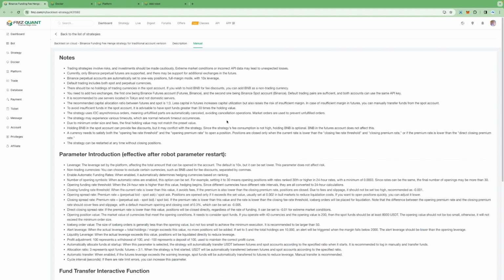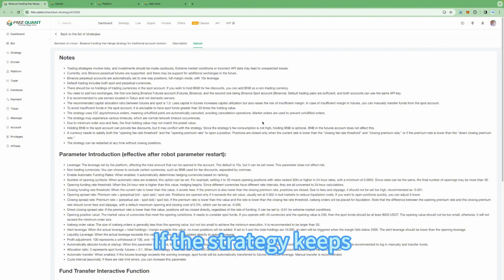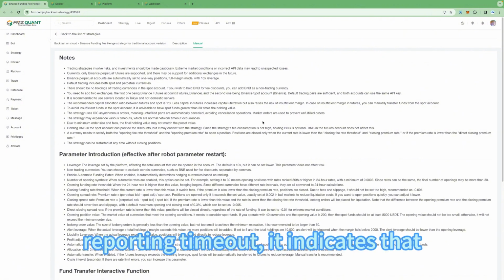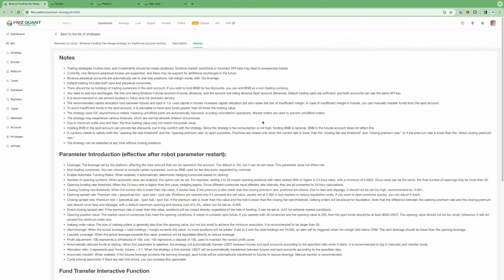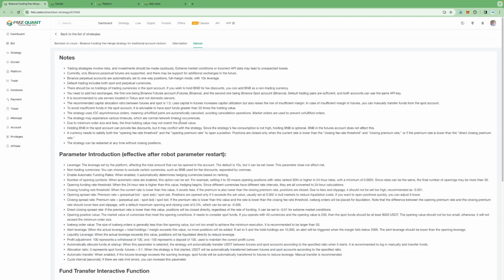If it's a single occurrence, not a continuous state, it's fine. If the strategy keeps reporting timeout, it indicates that the server may have network issues.